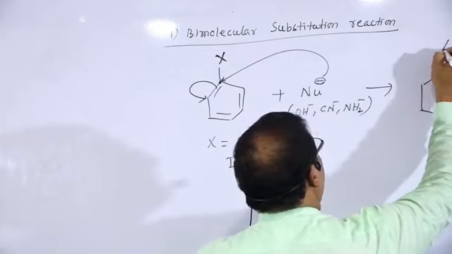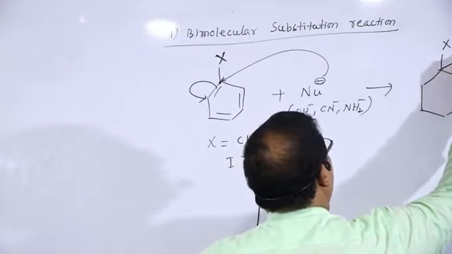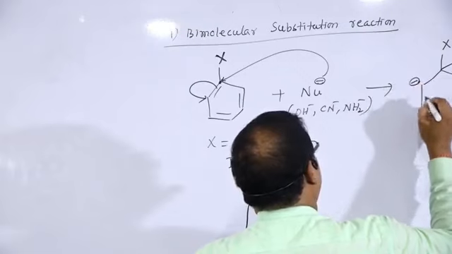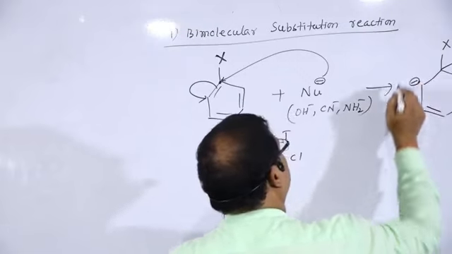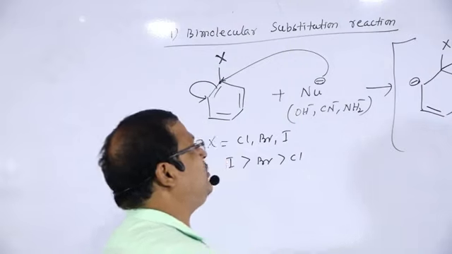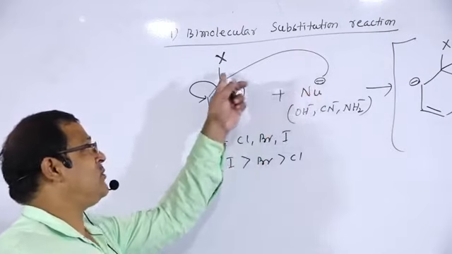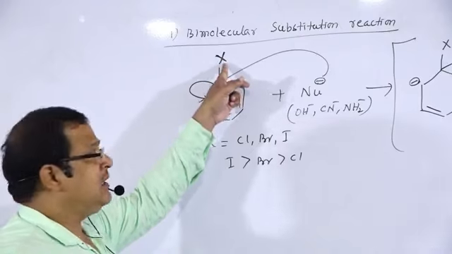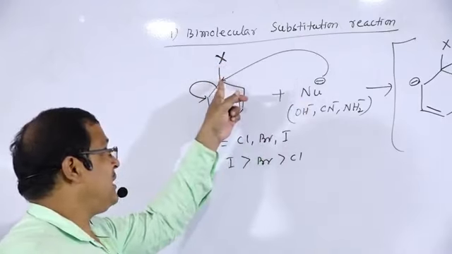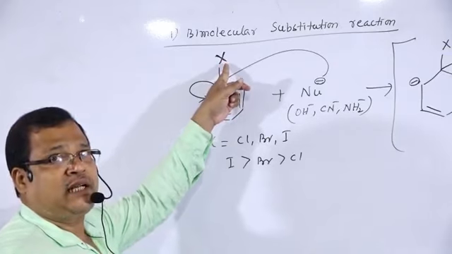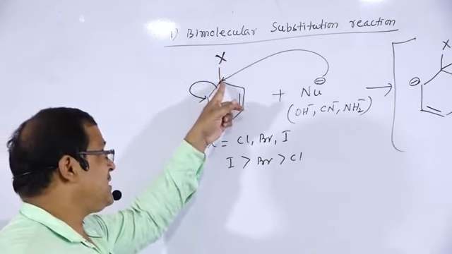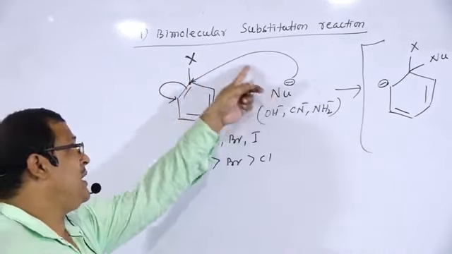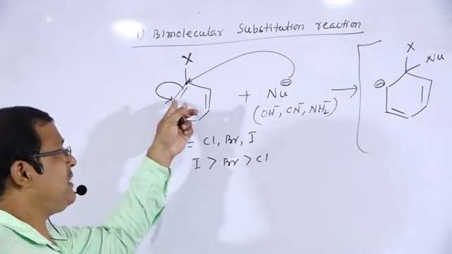This is the nucleophilic attack. The nucleophile attacks the carbon atom to which the X atom is attached, because at this point the electron density becomes less.